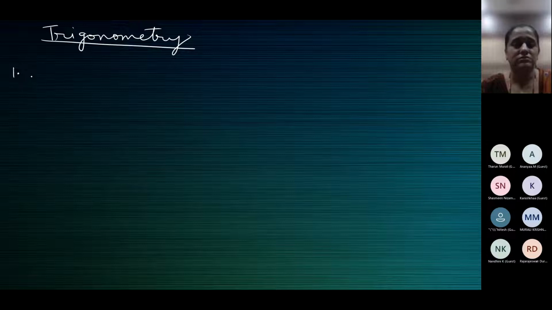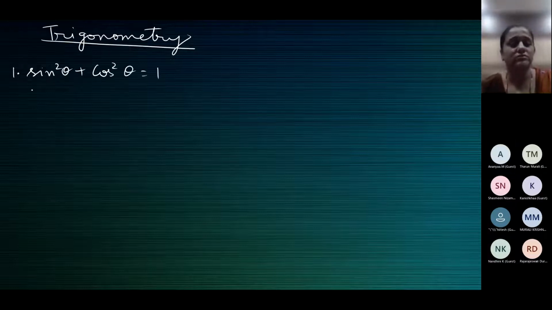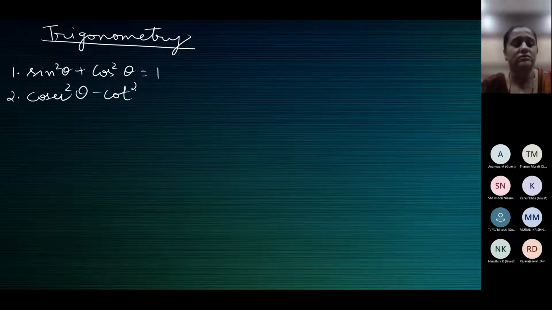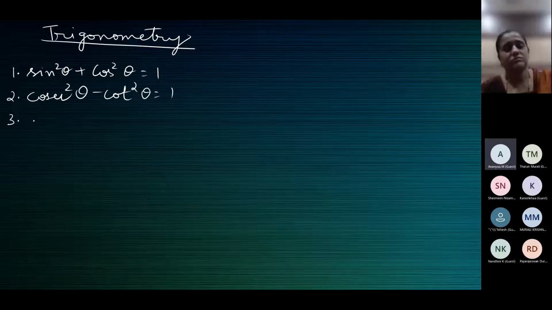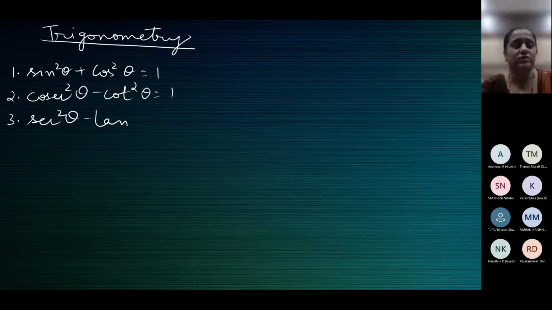Sin square theta plus cos square theta is equal to 1. 1 plus cot square theta is cosec square theta. Cosecant square theta minus cot square theta is equal to 1. 1 plus tan square theta is secant square theta. Secant square theta minus tan square theta is equal to 1.